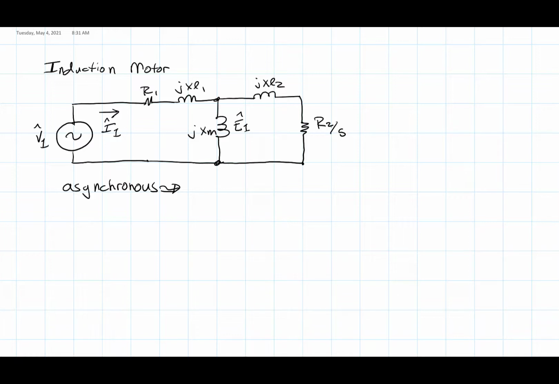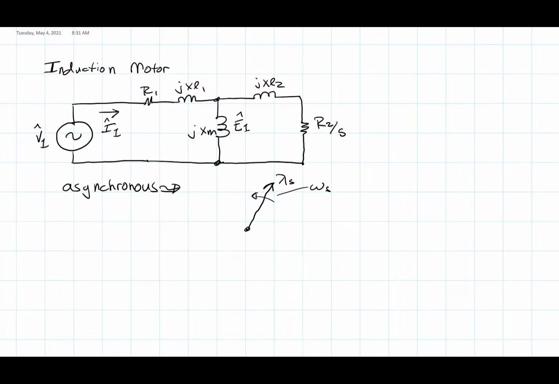It's an asynchronous machine. What that means is that there's a stator MMF developed, associated with that stator. It's traveling at the synchronous speed just as it did with the synchronous machine.